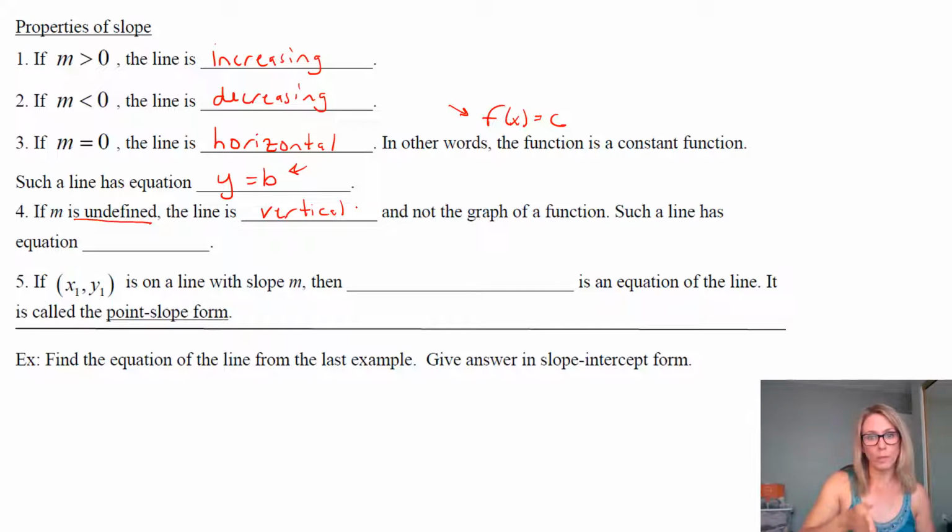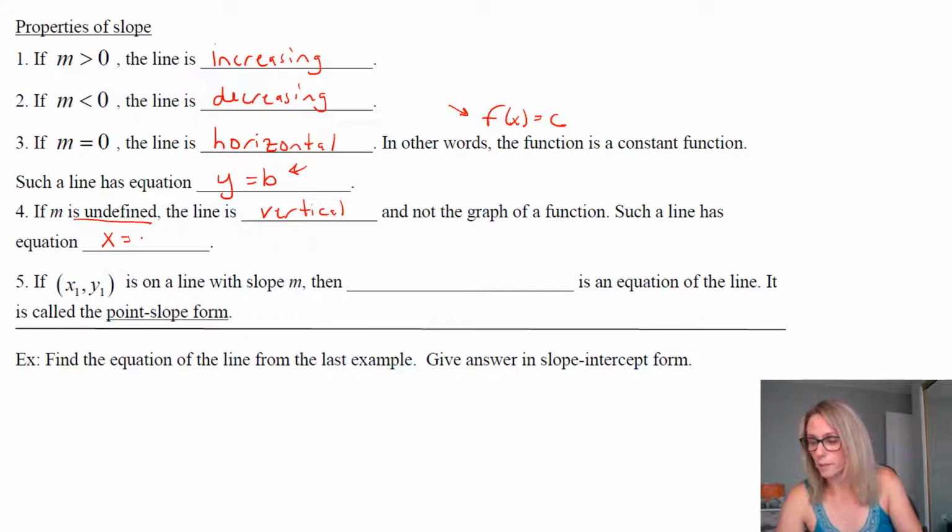It's just straight, and in that case, it would be x equals some value, whatever the x value is, and that would just be a constant. Again, it can be anything. I'll just use c because I used it before, and c is just a constant.